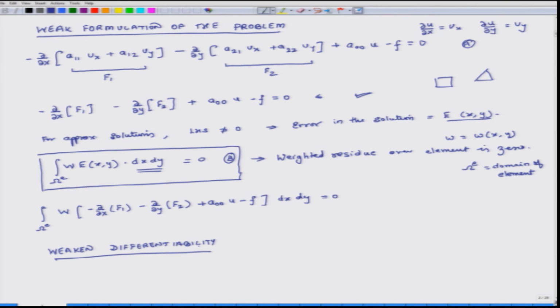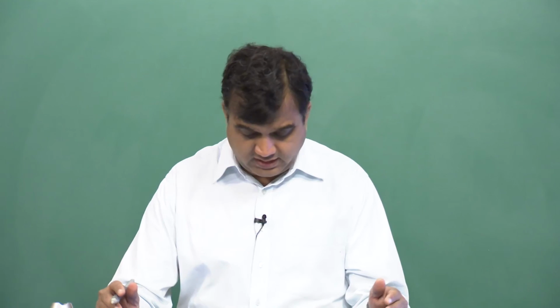We weaken the differentiability of the system. Before we start, I wanted to explain that the term f1 has first order derivatives of u in x and y. The same is true for f2, it has ux and uy. And f1 is being differentiated with respect to x and f2 with respect to y.